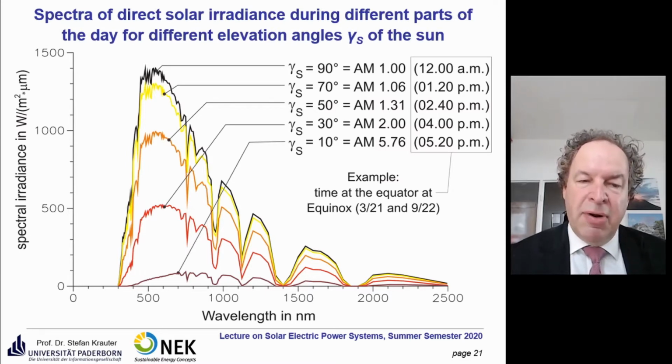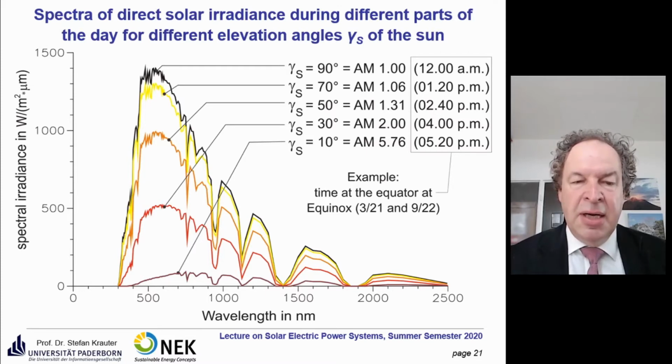And so we see already some changes. First, the intensity is much smaller, but not only the quantity, also the quality changes. In the 450 nanometer part, there's very little left. That means the blue part is completely absorbed through the atmosphere or scattered. But the red part is also affected, though not to such a large extent.